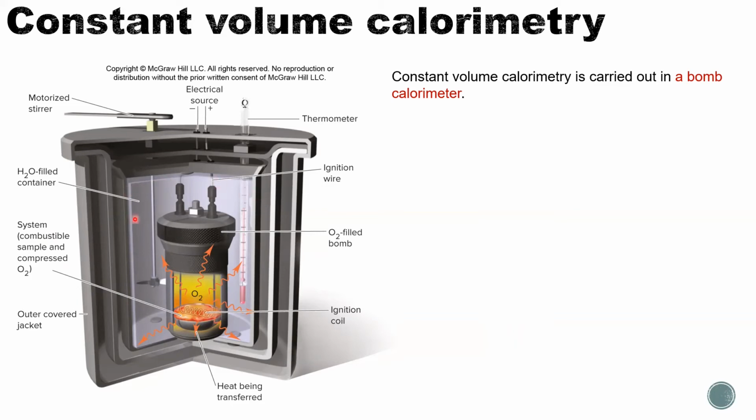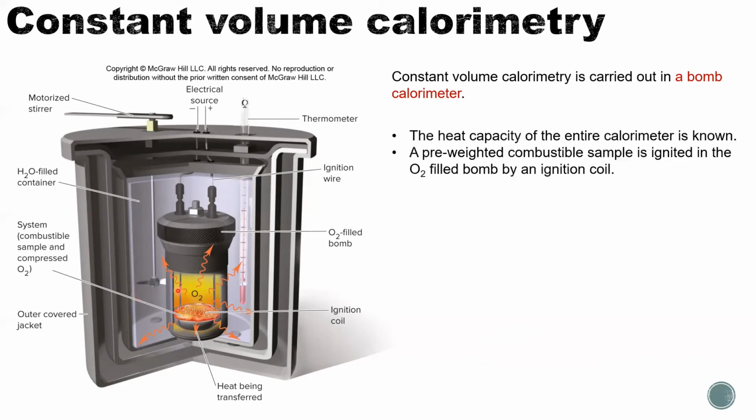The surrounding is a water-filled container, and still we have a stirrer and a thermometer to read the temperature of the water, and also make sure the water has the same temperature everywhere. When we use that, we still need a pre-weighed sample.